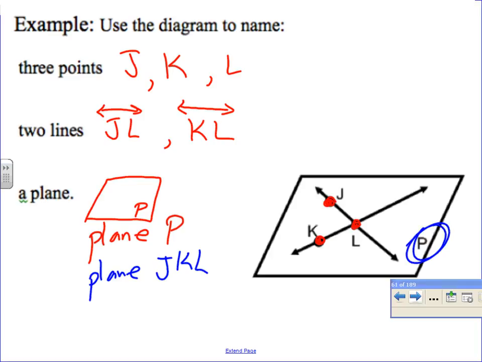So if K was here, you cannot use those 3 points to name the plane. You would have to use this. Very good question. Sean? Are not in a straight line, correct.